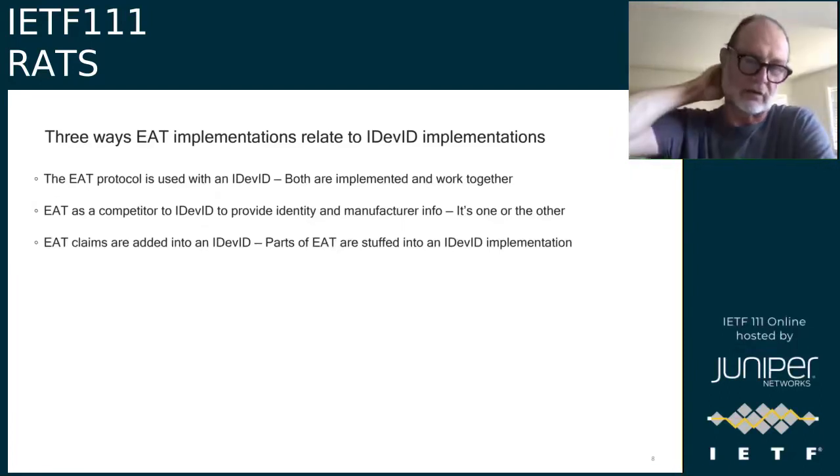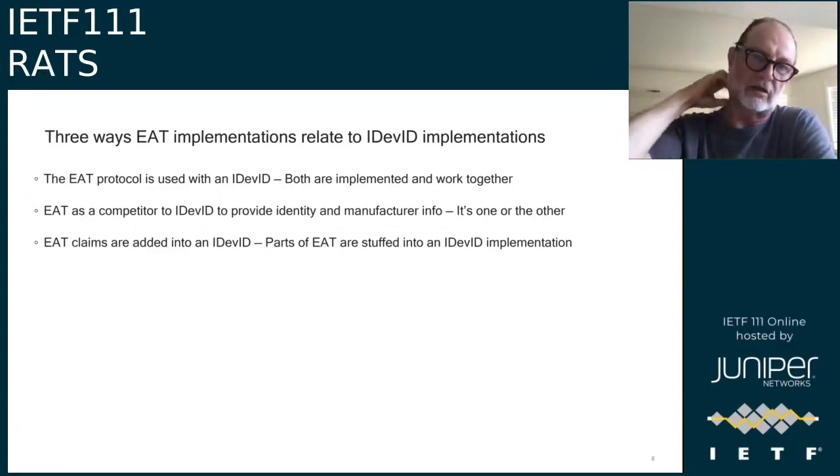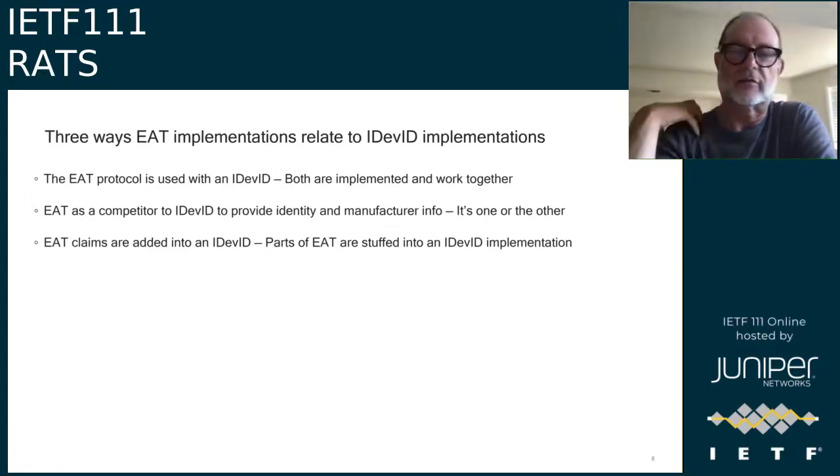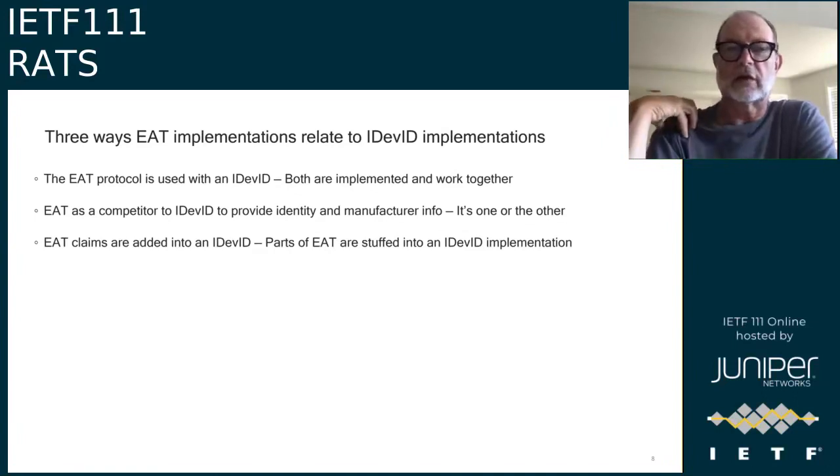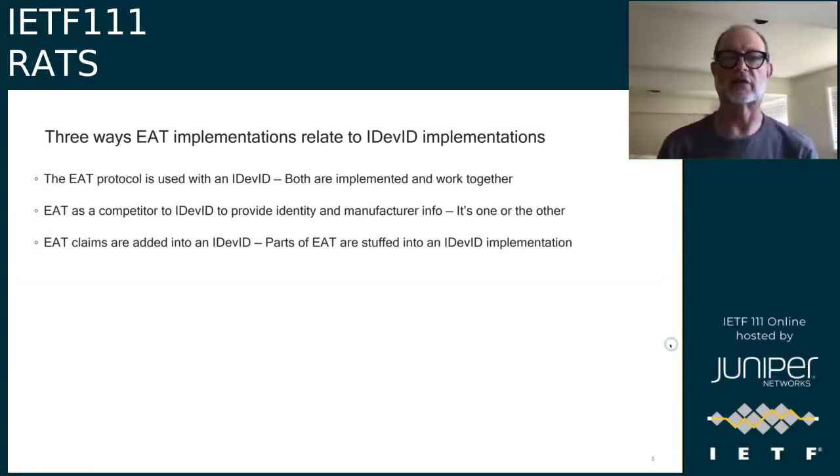I spent a lot of time reading IDEV ID and trying to understand that. And I can categorize 3 ways they can relate to each other, and I'm going to go through these in detail in the next few slides. The first way is the IDEV ID is the key material and endorsement for use with the EAT protocol.